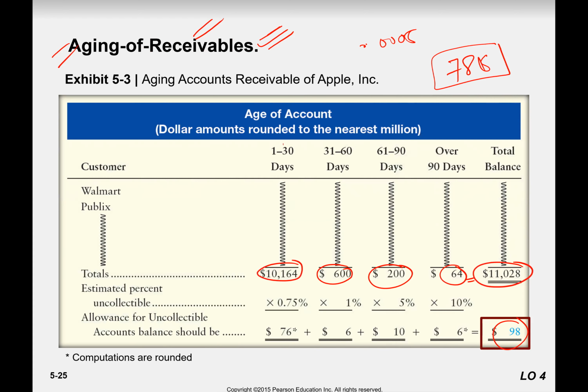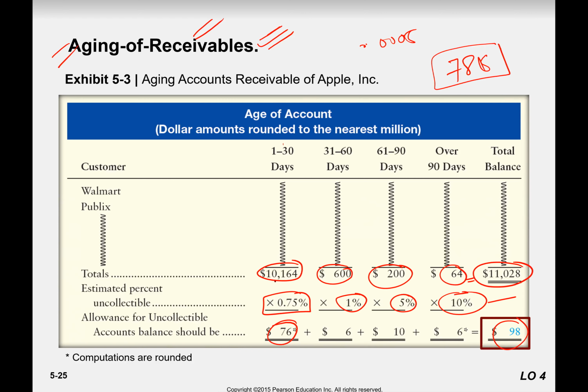That's it. So where did this 76 come from? You know that this would be given to you. There's a complete mathematical procedure to calculate this 0.75%, 1%, 5%, 10%. But at this beginning level, you would be given that. So in 30 days, only 0.75% is going to be bankrupt.